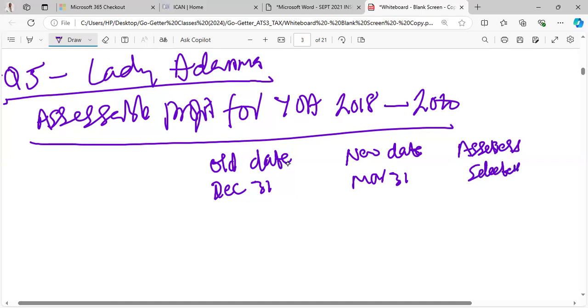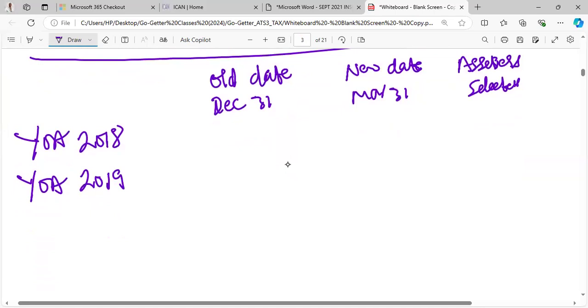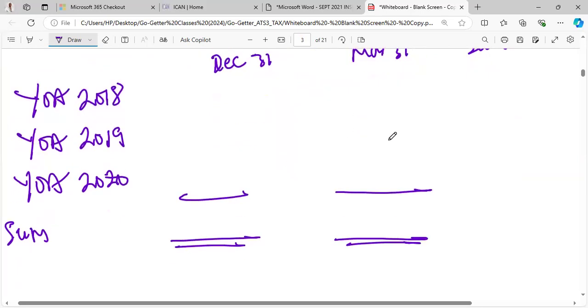So we'll start with year of assessment 2018, then year of assessment 2019, then year of assessment 2020. When we have done that, we will check the sum, and it will help us know which to select.